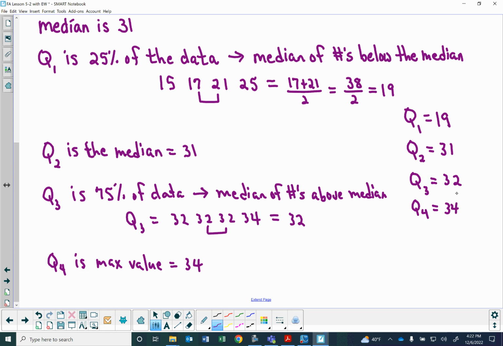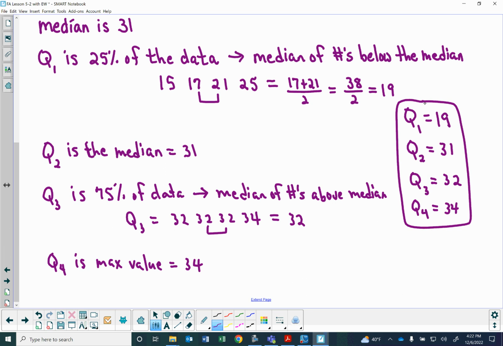As you can clearly see, if you mess up the median, you will mess up Q1 and Q3. You should still be able to get Q4 correct. But it is really hard to get Q1 and Q3 correct if you mess up the median, which is Q2. So now you've learned how to find the 4 quartiles. It's literally the 3 numbers that break your data into 4 different parts.